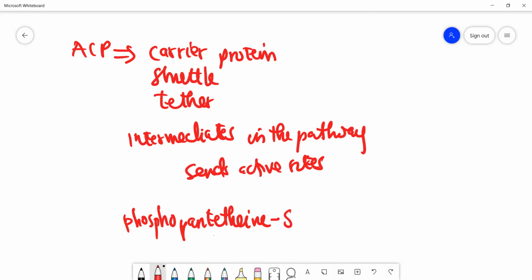So if this phosphopantetheine SH of ACP is bonded to an intermediate, then we'll have the hydrogen going off. If it's supposed to be an acetyl group, it's carrying an acetyl unit. And if it's supposed to be malonyl, then it will be carrying malonyl, and then carry them to the active sites. Now let's move on.